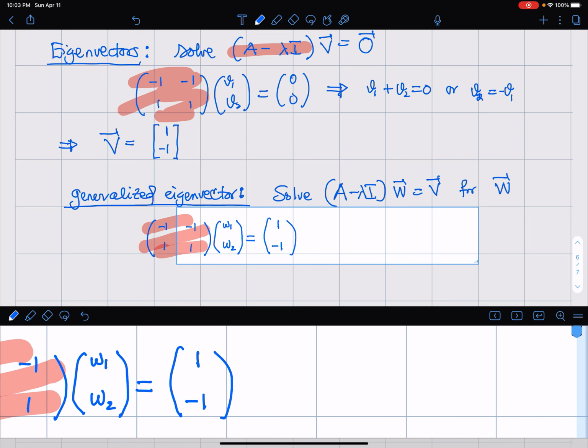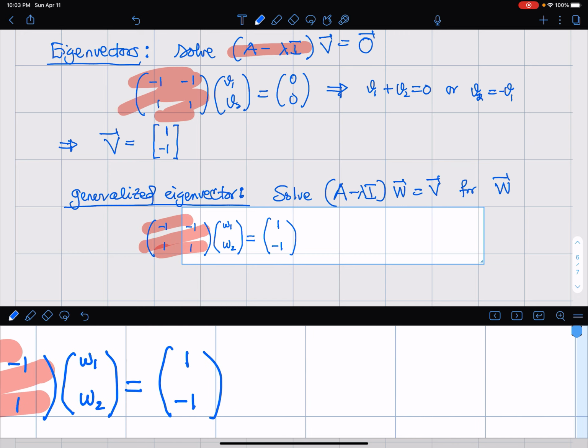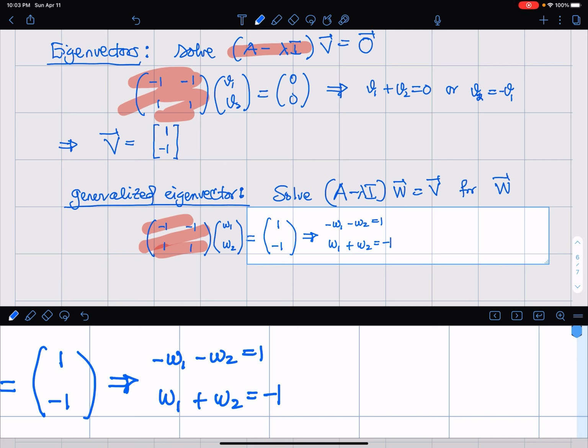If you solve this, you end up with two equations. The two equations are negative W1 minus W2 is equal to 1, and the next equation is W1 plus W2 is equal to negative 1. So it's the same thing, and we just go with one of them.